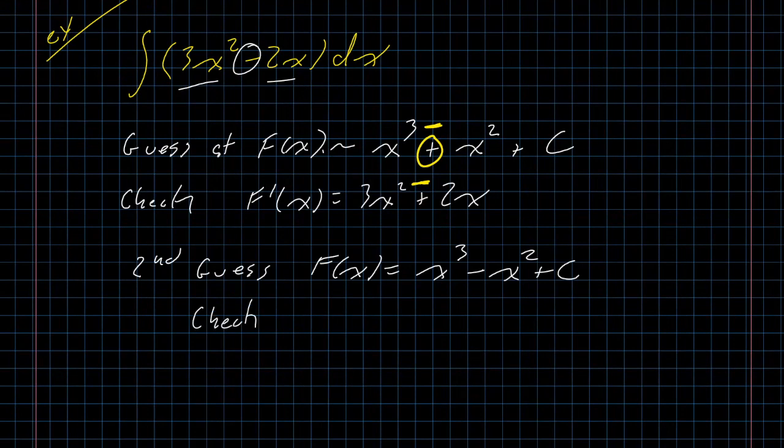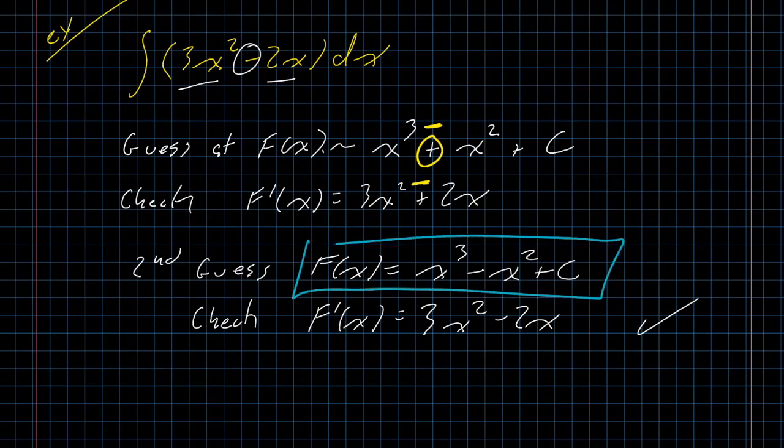I can check again by taking the derivative. I get 3x squared minus 2x, which is exactly what I said was supposed to happen there. And so on my second guess, I nailed it.